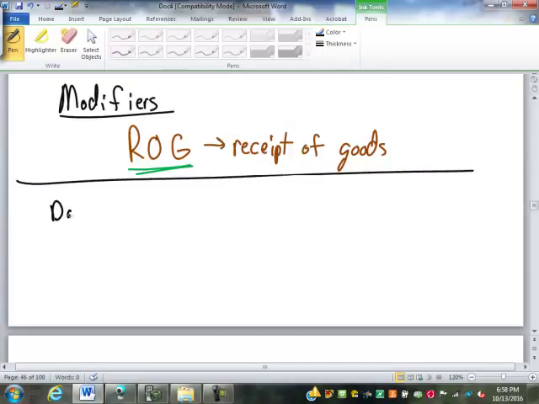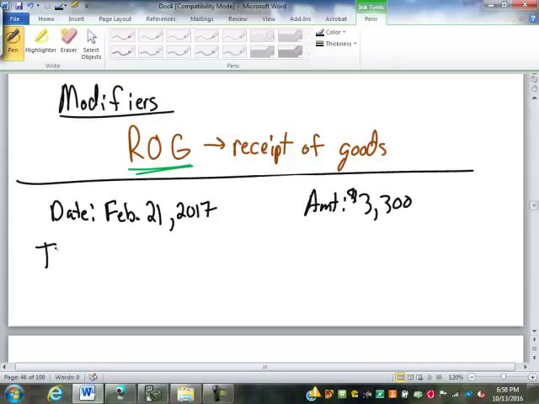So we have an invoice that is dated February 21st, 2017. So we know it's not a leap year. The amount, $3,300. The terms, 2/10 net 30 ROG.